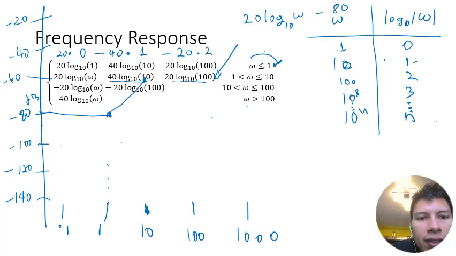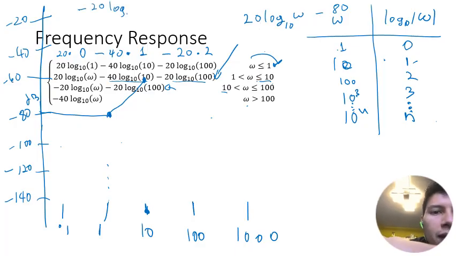Now at 100, we can keep using this expression up to 10, and then from 10 to 100, we have to use this new expression here, which is basically negative 20 log base 10 of omega minus 20 times 2, which is 40.